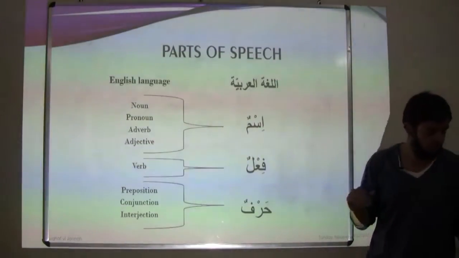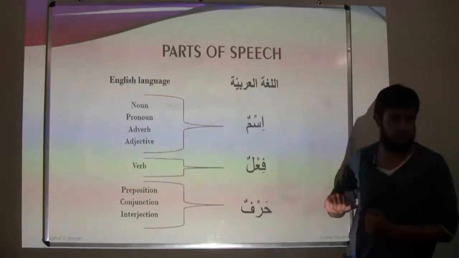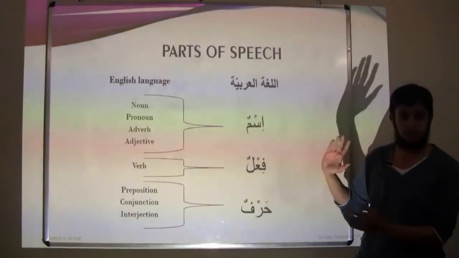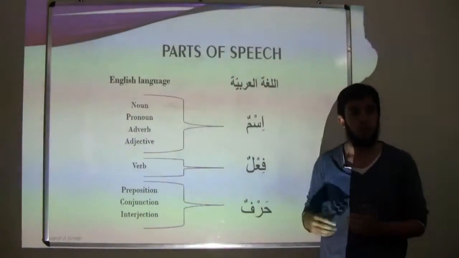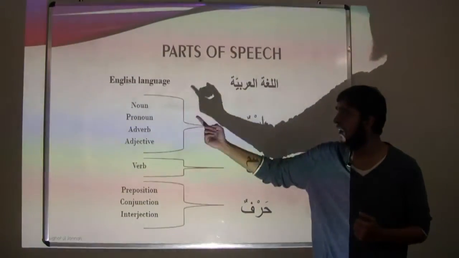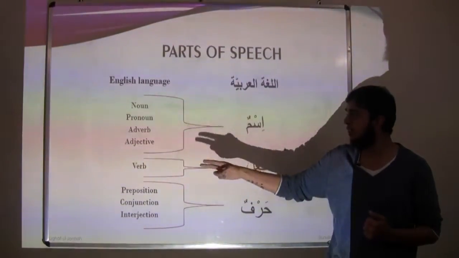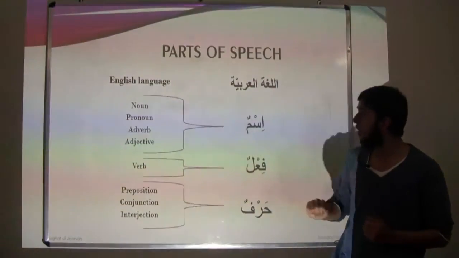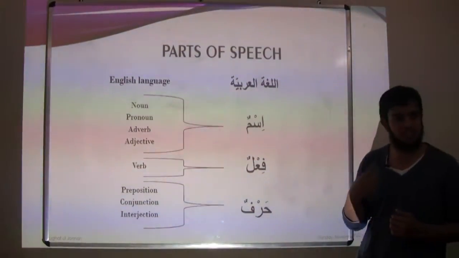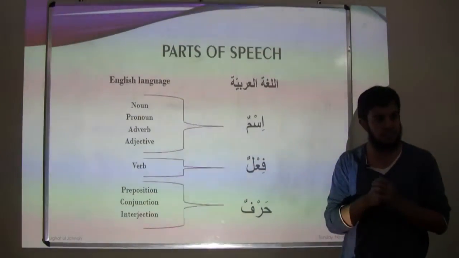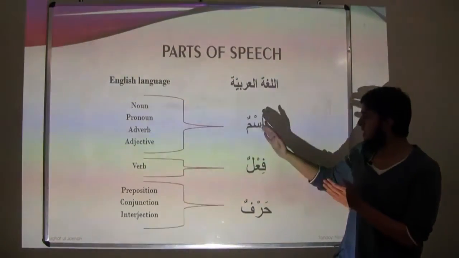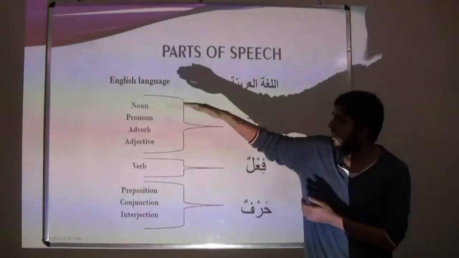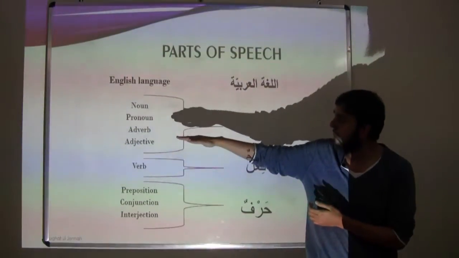And now, parts of speech in English and Arabic, a comparison. In English, as we know, we have 8 parts of speech: noun, pronoun, adverb, adjective, verb, preposition, conjunction, interjection. Whereas in the Arabic language, we have just 3 parts of speech. The ism comprises noun, pronoun, adverb, and adjective.